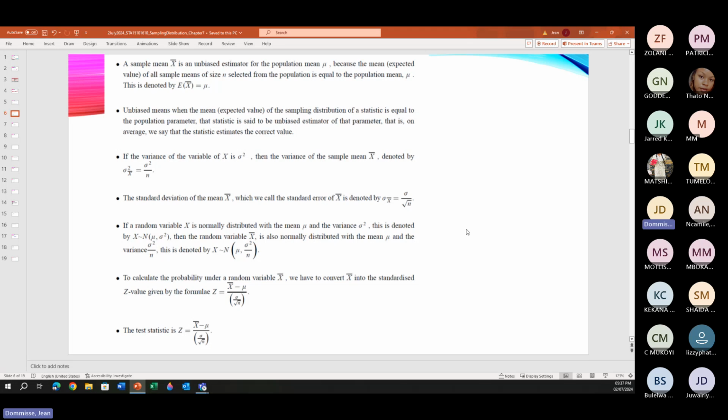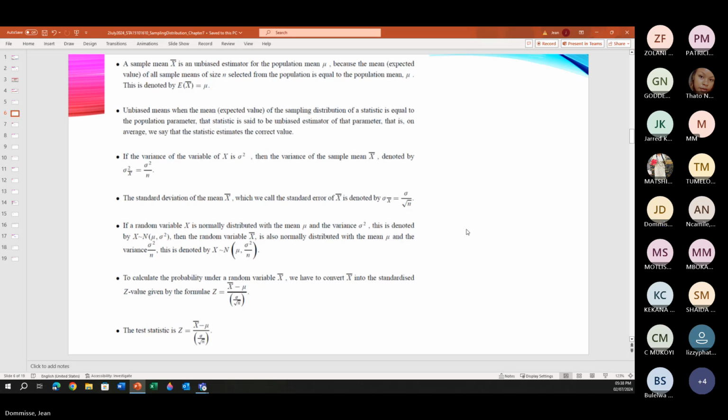When we do confidence intervals in chapter 8, we are going to look at the confidence interval around the sample mean and around the sample proportion. Then in chapter 9 on hypothesis testing, we will do hypothesis testing with sample means, and also with proportions.